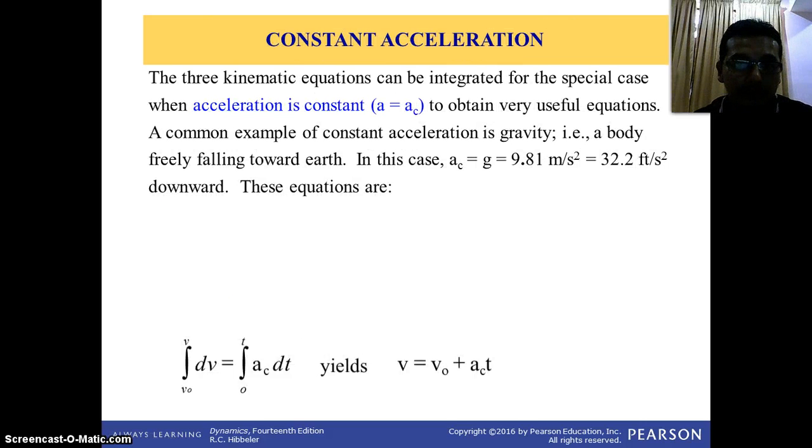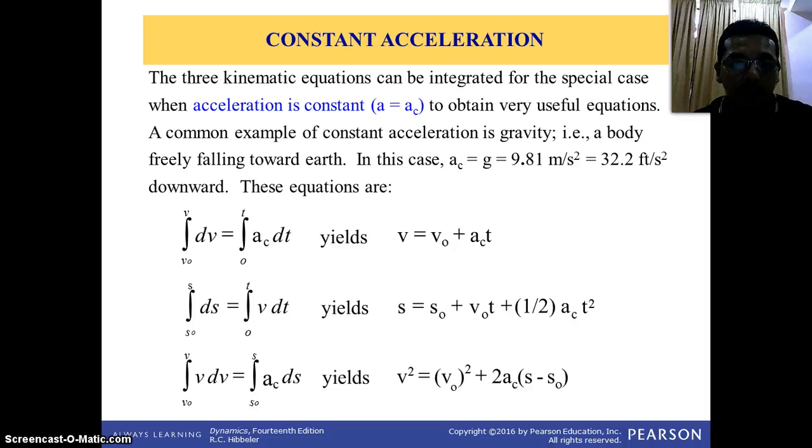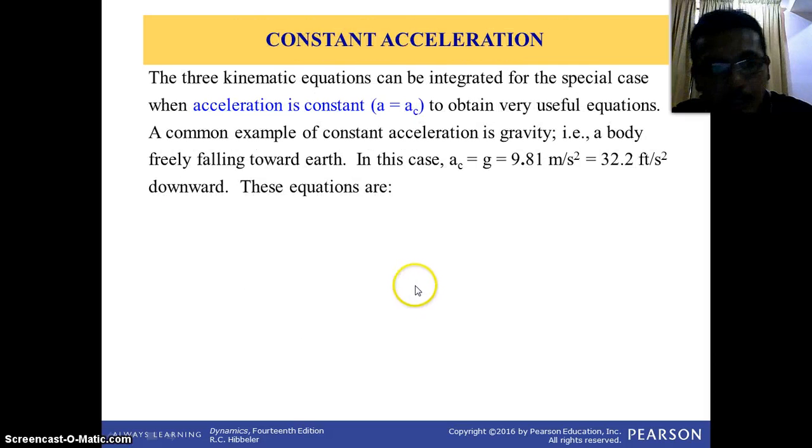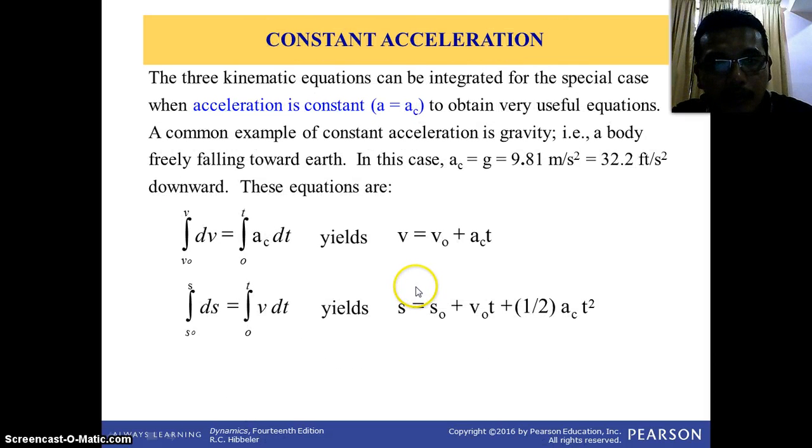So what is meant by constant acceleration? These three kinematic equations can be integrated for the special case when the acceleration is constant. We put in our assumption that acceleration is constant to get very useful equations.